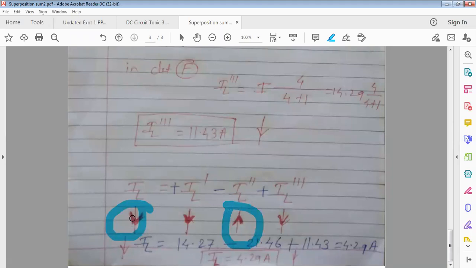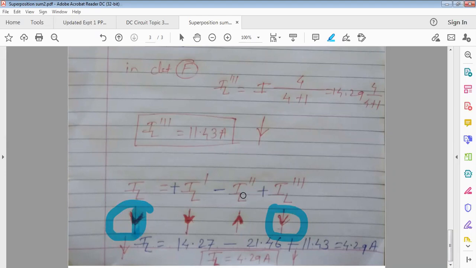IL is downwards and IL double dash upwards, so this one will be negative. For the third one, IL triple dash is downwards and IL also assumed downwards, so it will be positive.